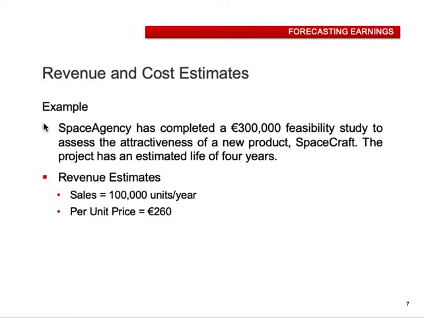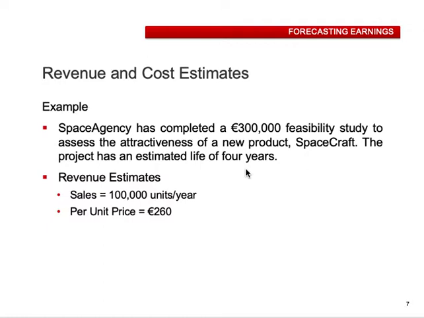Now, let's have a look at the organization. The organization is called Space Agency, and it has just paid 300,000 euros for a feasibility study to assess a new product which is called SpaceCraft. The project has a life of 4 years, which means that after 4 years the project is terminated.